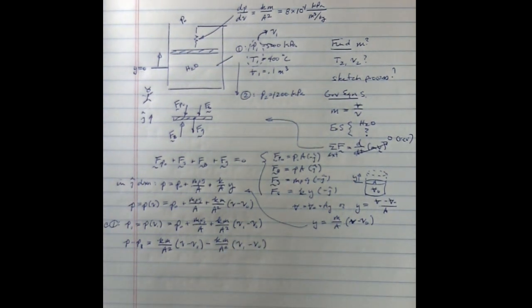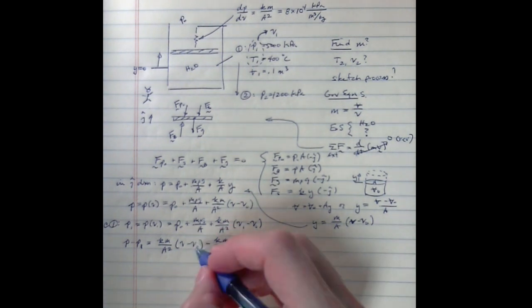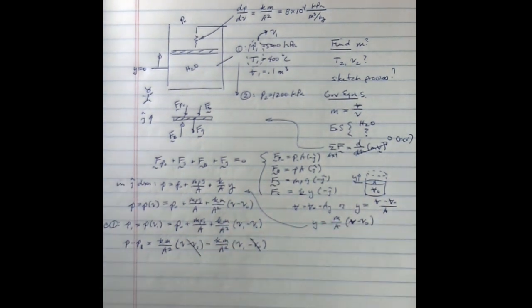And what we're going to see here is, interestingly, this minus v naught times K m on A squared is going to add to a plus v naught K m on A squared to get rid of this term.